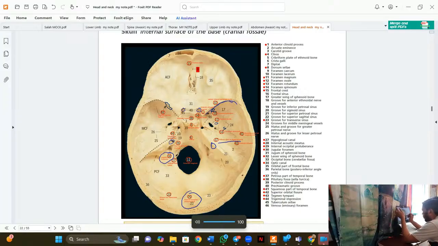What is 31? It's above the pituitary fossa, about 40. 31 is what?